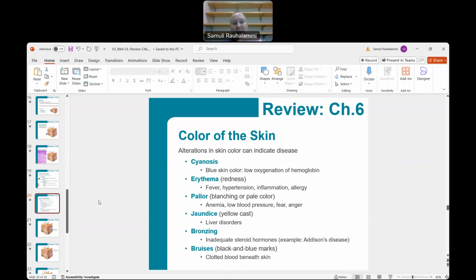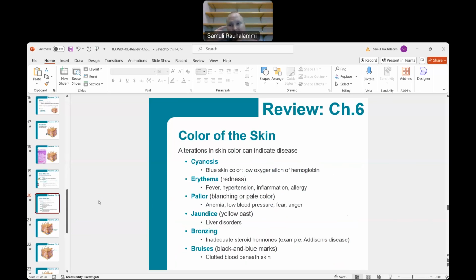If we lose the color of the skin, we might talk about pallor. This is often due to a drop in blood pressure. It could be due to an emotional response like fear or anger, but it could also be a sign of the individual being anemic. Talking about other colors of the skin, jaundice would be one, giving a yellow color, often associated with the liver not working correctly.